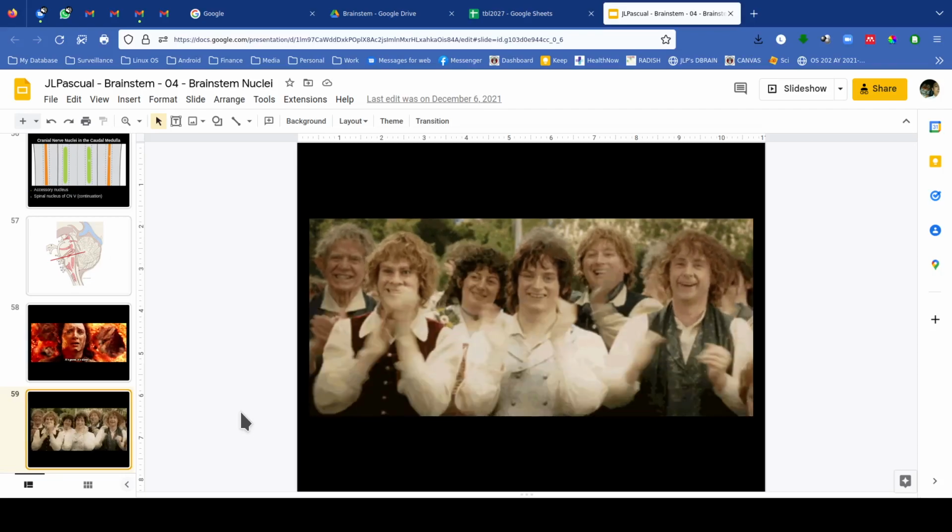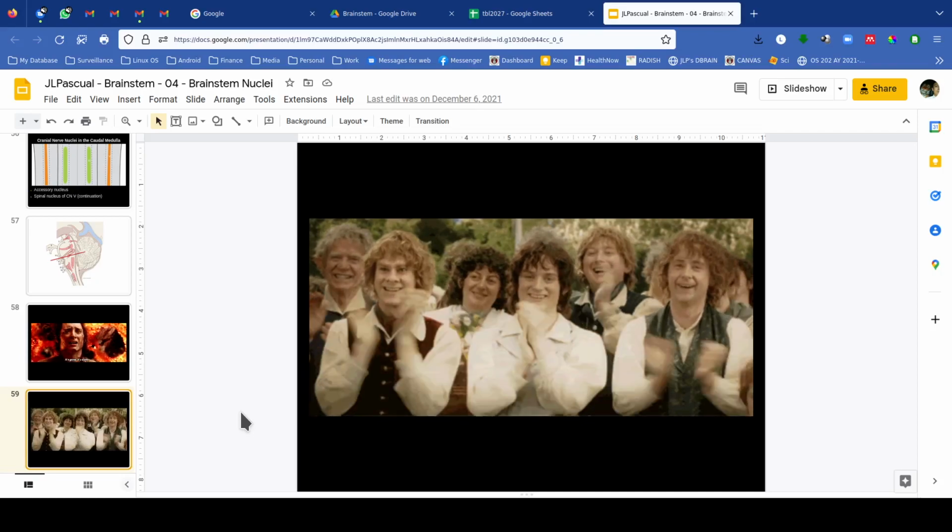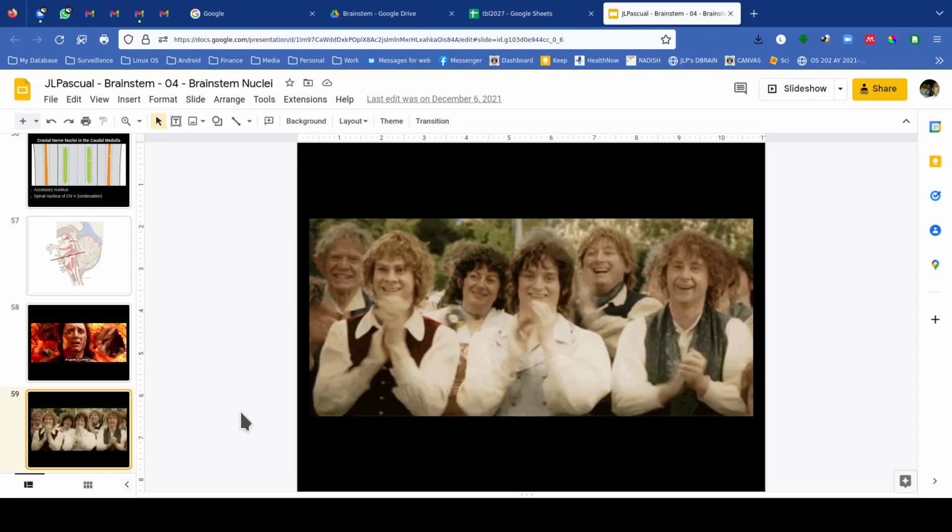Only animals which are quadrupeds do not have crossed tracks. They're all ipsilateral. Even the vision is not crossed. Since I mentioned the eyes are actually extensions of the brain, the optic nerve goes straight to the same hemisphere.